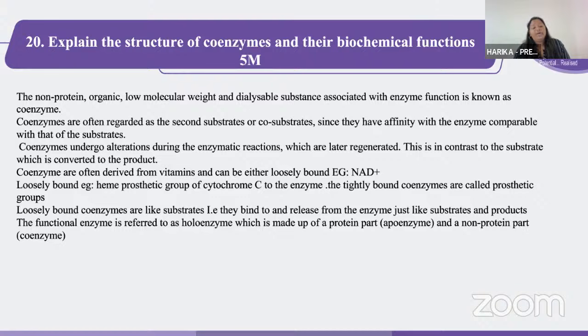Loosely bound coenzymes are like substrates, that is, they bind and release to the enzyme just like substrates and products. The functional enzyme is also referred to as holoenzyme, which is made up of a protein part, the apoenzyme, and the non-protein part, the coenzyme.